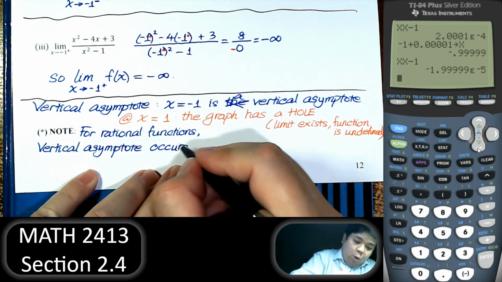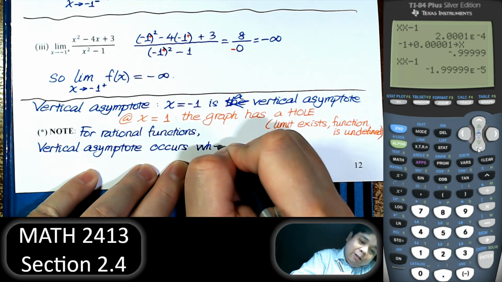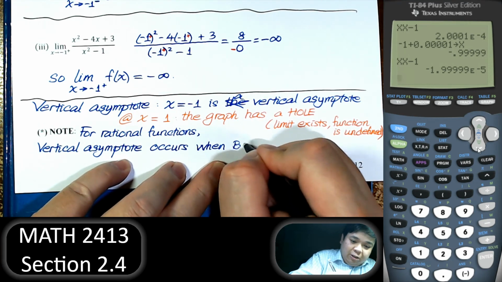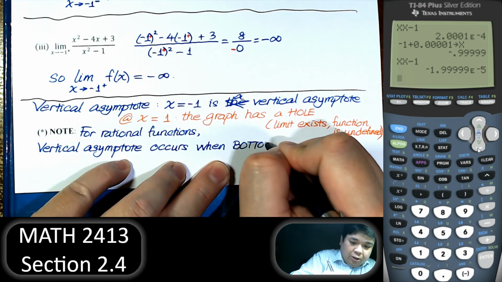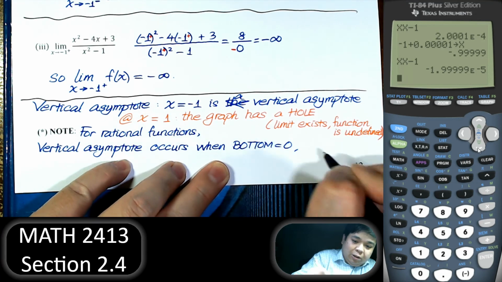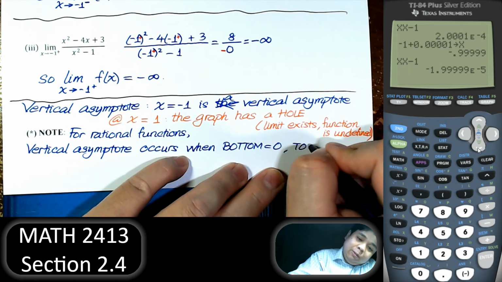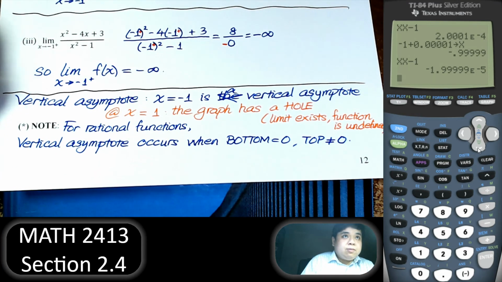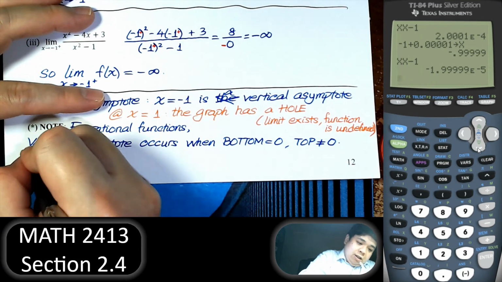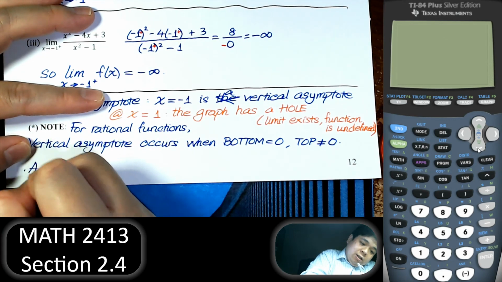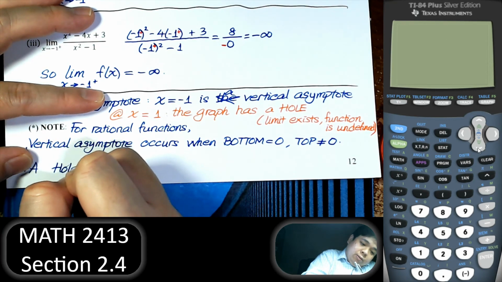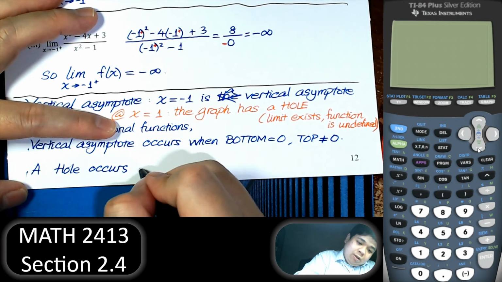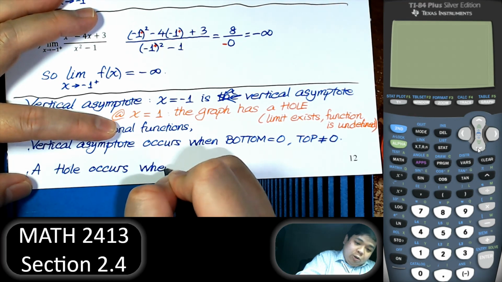occurs when the top is not equal to 0 and the bottom is 0. A hole occurs when both of them equal 0.